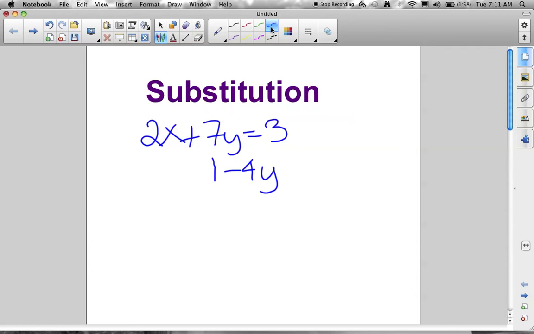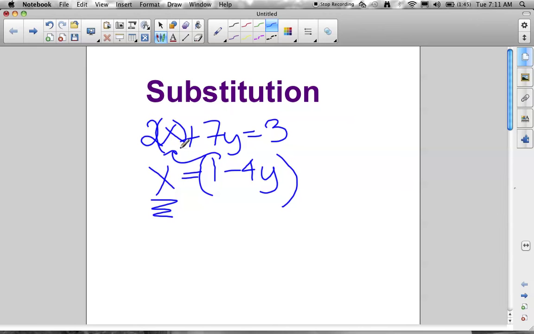Okay. And this was x equals 1 minus 4y. So we're going to take this second equation, which gives us an expression for x, 1 minus 4y, and we're going to plug this in to x in the first equation.